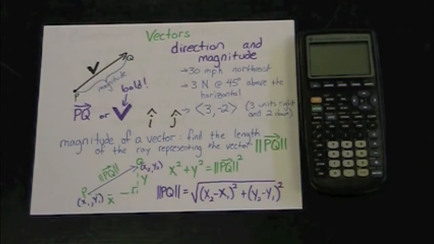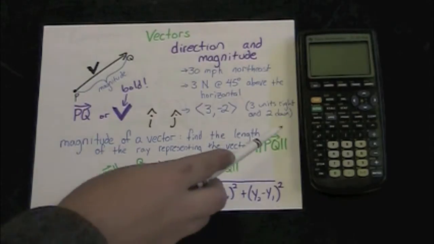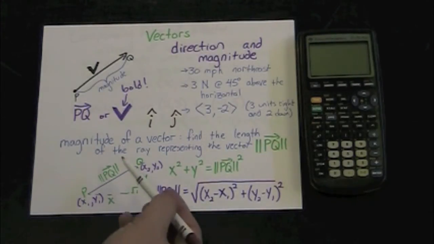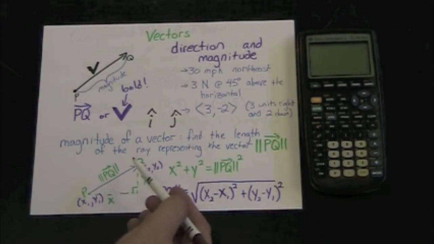Let's start with the magnitude of a vector. To find the magnitude of a vector, we tend to write that with double bars surrounding a vector name. We're trying to find the length of the ray representing the vector. If I set this up, I have my vector PQ. The magnitude of vector PQ is the length of this ray.